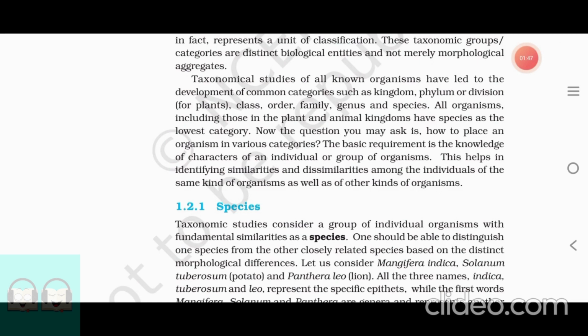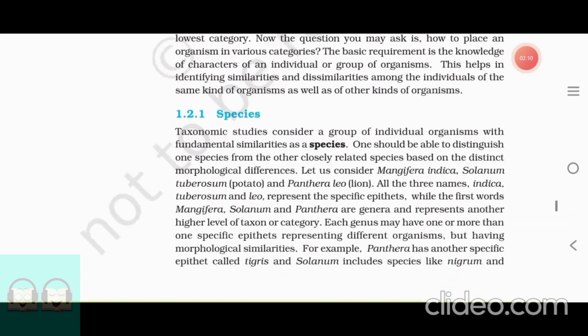Now, the question you may ask is, how to place an organism in various categories? The basic requirement is the knowledge of characters of an individual or group of organisms. This helps in identifying similarities and dissimilarities among the individuals of the same kind of organisms as well as of other kinds of organisms.